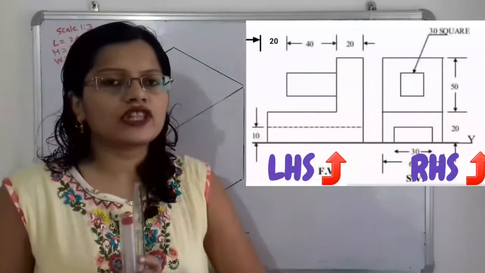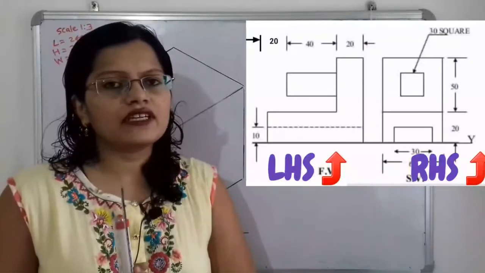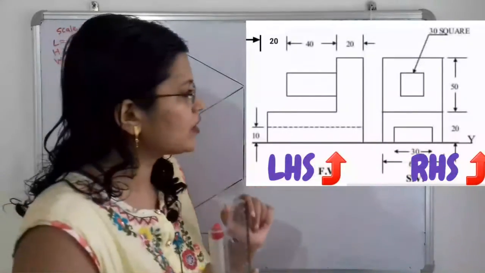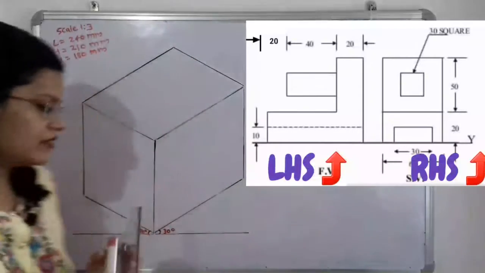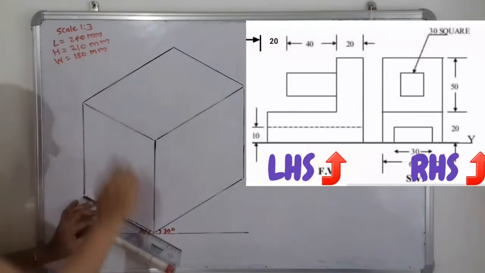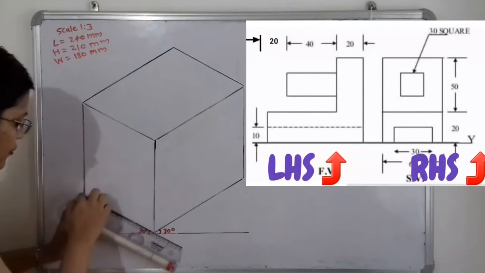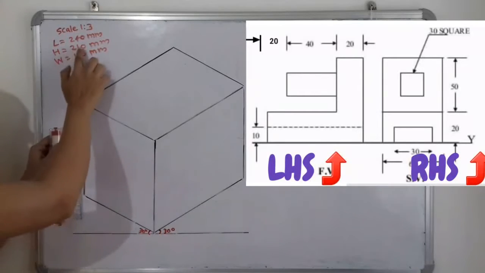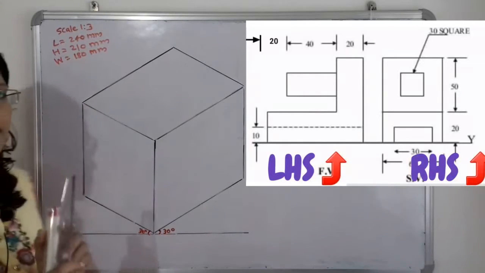Now we will move to the side view. What does the side view indicate? The total width and the total height. What is the total width here? That is 60 millimeter, so 60 into 3 is 180 millimeter. We have to select the point, and from this point draw a vertical line equal to 210 millimeter.